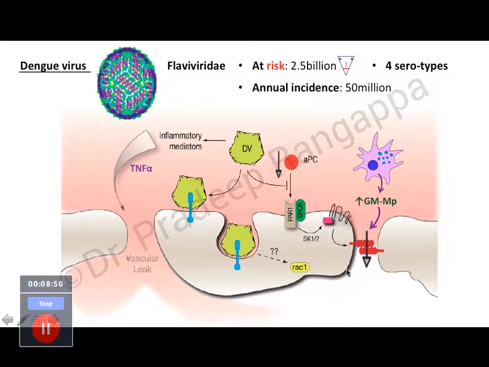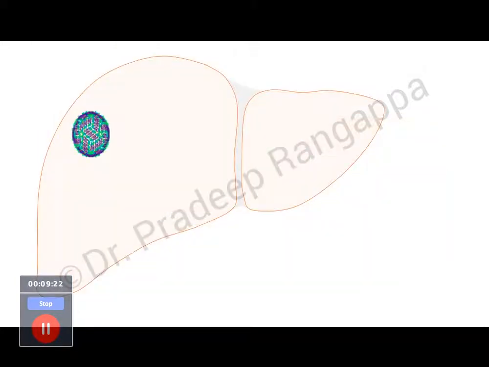Because of the reduction of vascular endothelial cadherin, the integrity of the endothelium is lost, and there is leakage of fluid from the blood vessels. That's why your hematocrit is very high, because the blood loses a lot of water content. That's why you have leaky capillaries, which leads to a rise in hematocrit in dengue. This is the core essence of the pathophysiology at the vascular level.